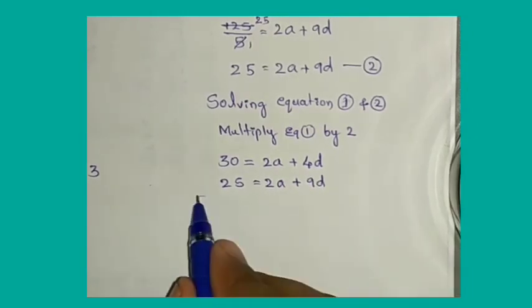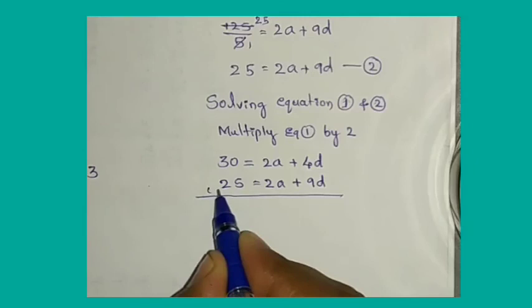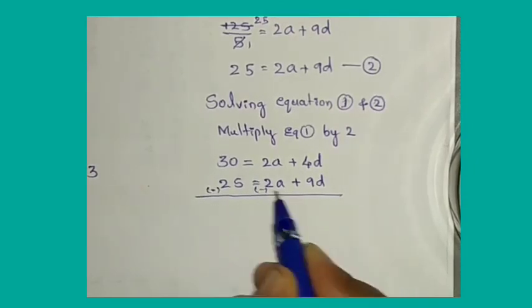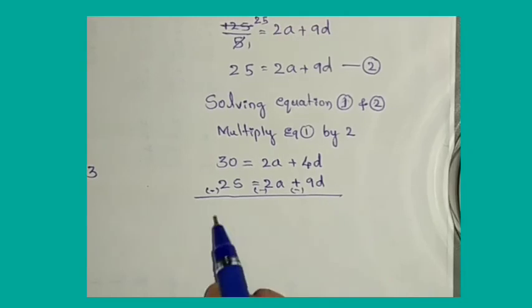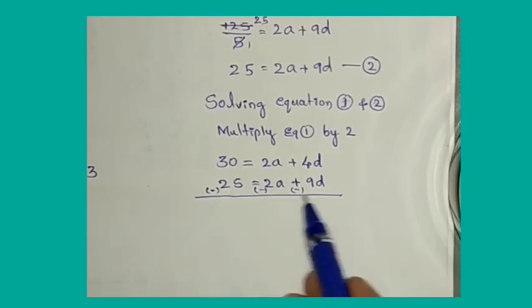Solving in the sense you can go with subtraction or else the elimination method. So I will do the elimination method here. For the elimination method you have to change the signs of one equation. So here 25 becomes minus 25, 2a becomes minus 2a, and 9d becomes minus 9d.